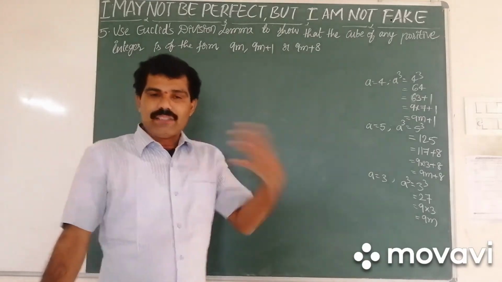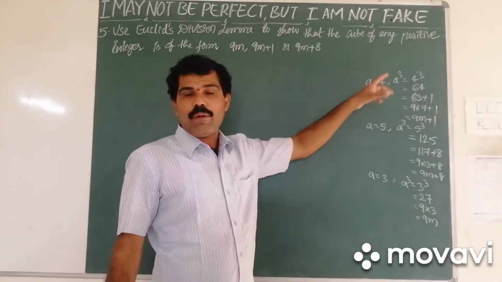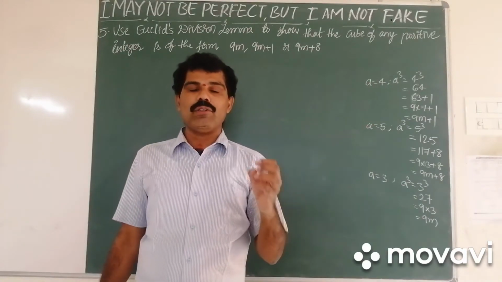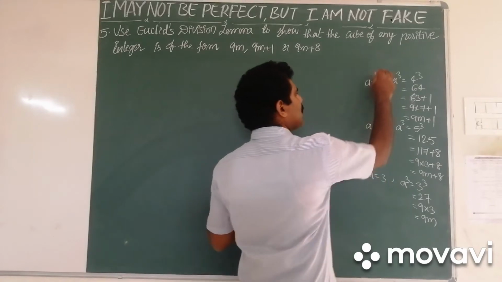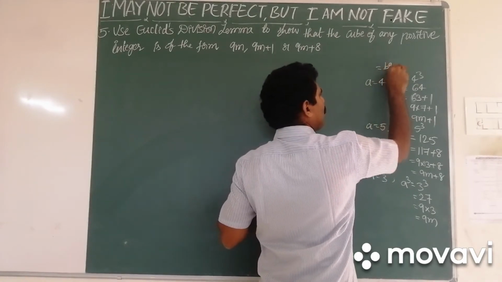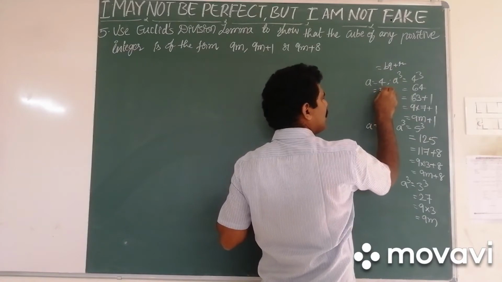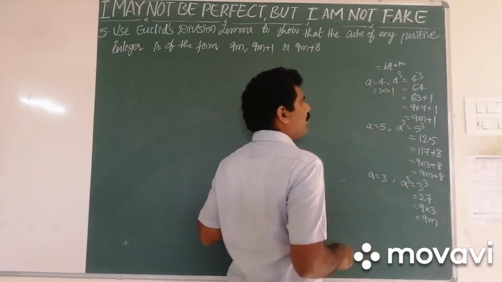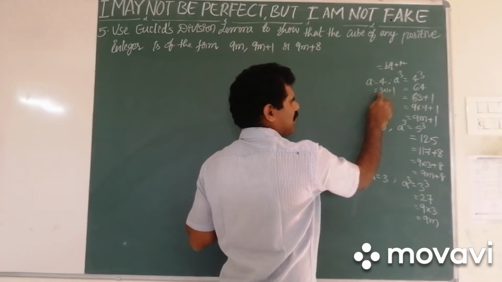So what if I take a generic form? I took a as 4 directly, but in generic form we are going to write it in the form of bq plus r. So this can be written as 3 into 1 plus 1, bq plus r, where b is 3, q is 1 and r is 1.